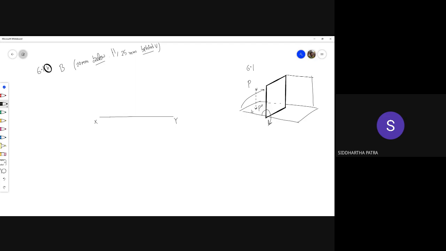So essentially the horizontal projection would appear above the xy line. Okay, and this is how much, 25 millimeter behind. So on the horizontal plane, I was supposed to draw it 25 millimeters away from the xy line, because on the horizontal plane the xy line represents the vertical plane, right?